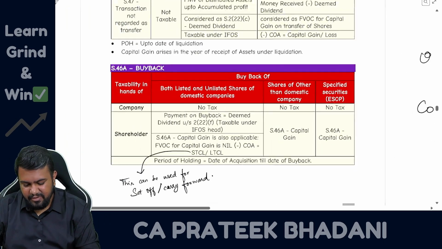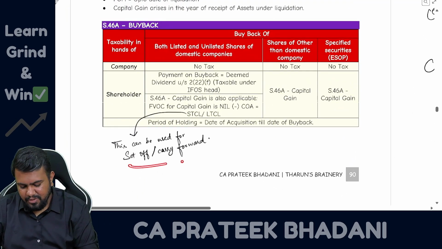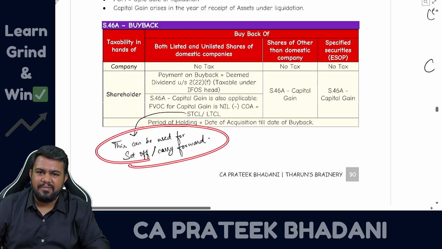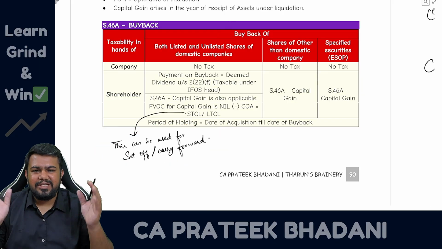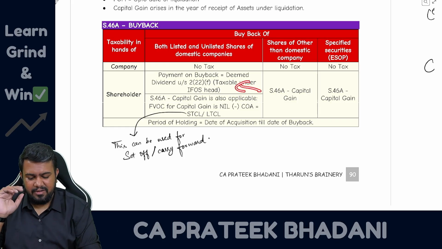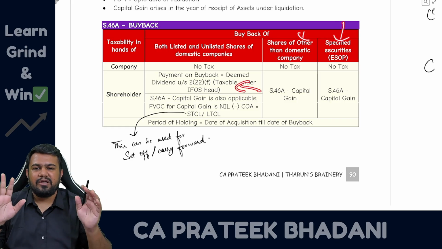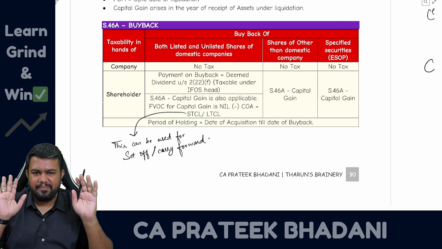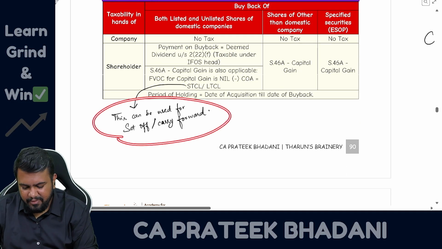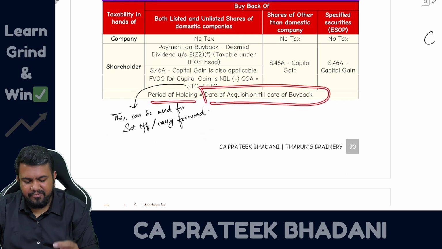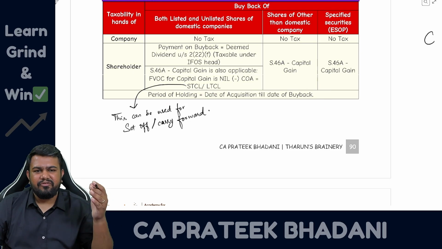This can be used for set off or carry forward. So this is in case of domestic company: illogical method of deemed dividend, but other than domestic company and specified security, logical method of capital gain. Fine, understood both. Now this amount can be used for set off, carry forward. Period of holding, you have to take from the date of acquisition till the date of buyback.